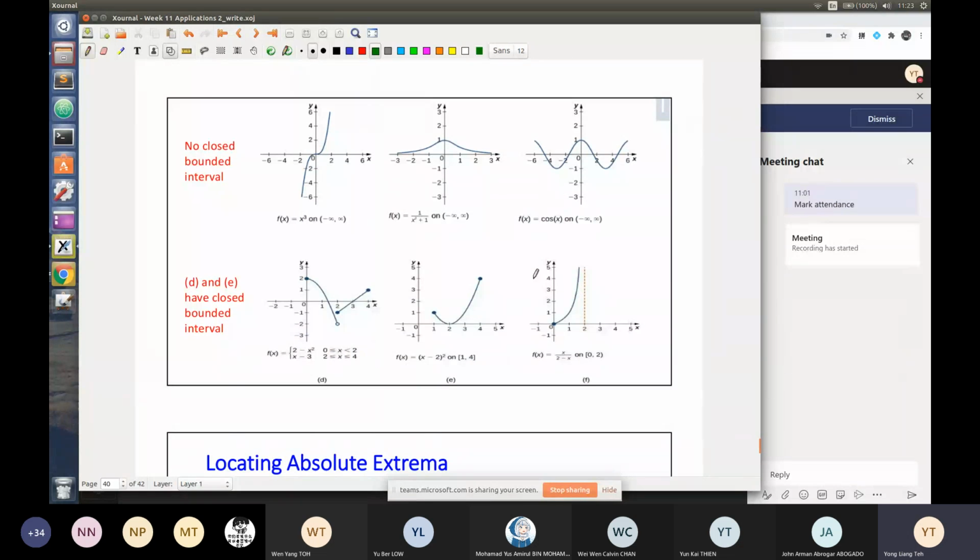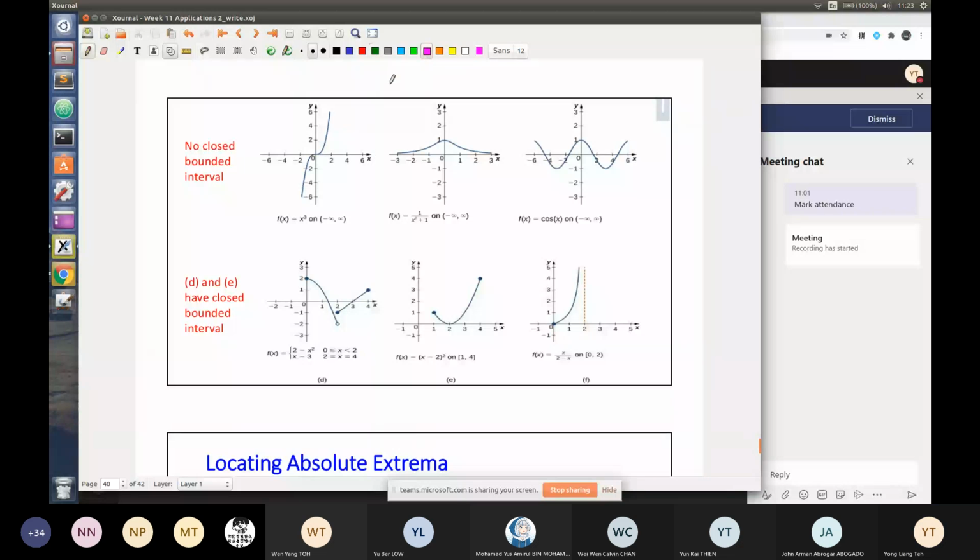You can see in the demonstration what happens when you do not have a closed interval. Firstly, on this top left diagram, this is y equals x cubed. You do not have a closed interval. So clearly in this case, do you have an extremum?